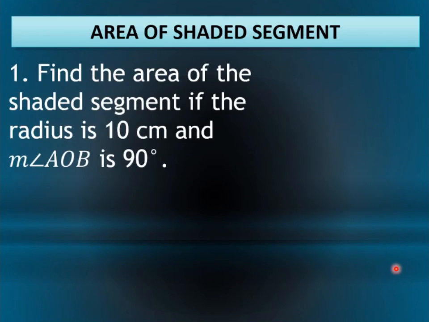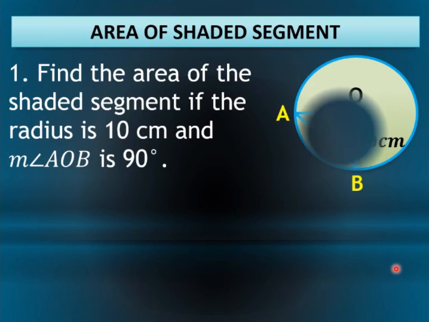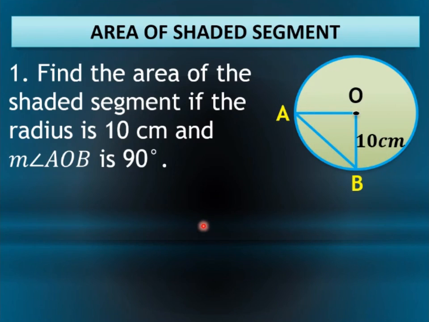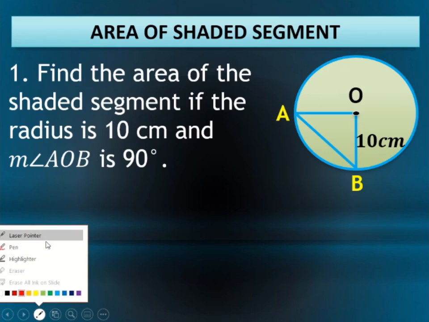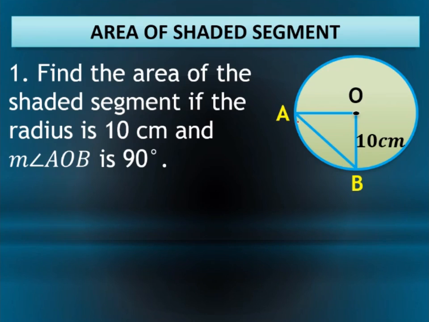Example number 1. Find the area of the shaded segment if the radius is 10 centimeters and the measure of the angle AOB is 90 degrees. Let us say this is the shaded region.